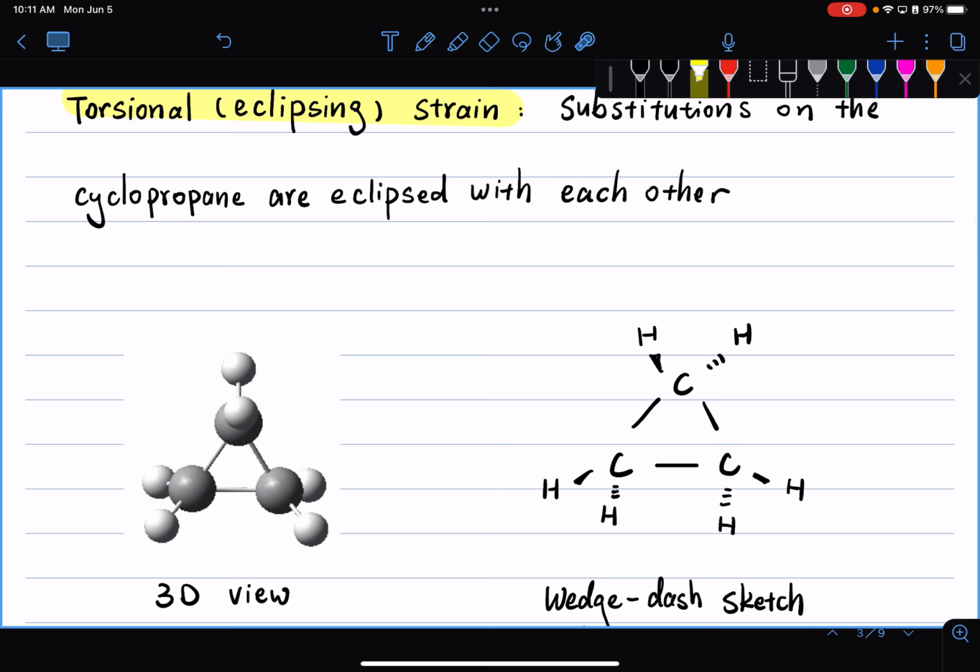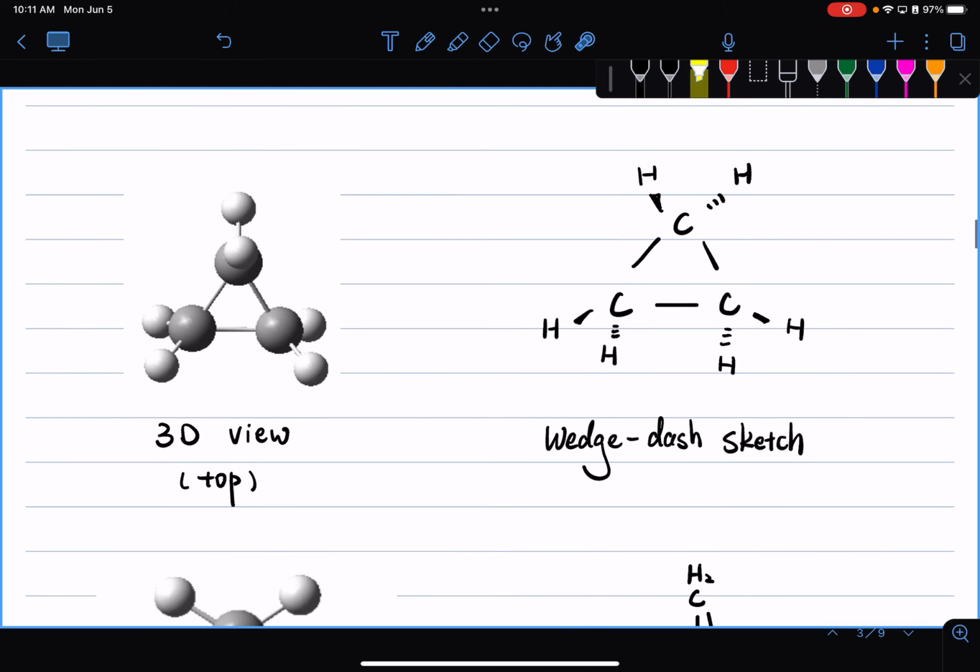If we look at our cyclopropane in the top-down view, that's the 3D view I drew, looking from top down, and that's the wedge-dash sketch you come up with. You have 3 hydrogens wedged out towards the camera, towards you. You have 3 hydrogens dashed away from you.